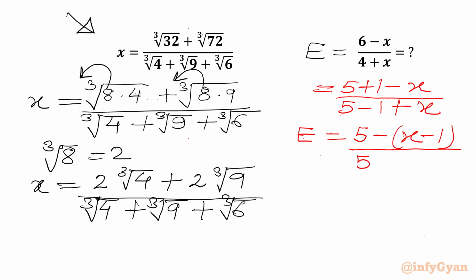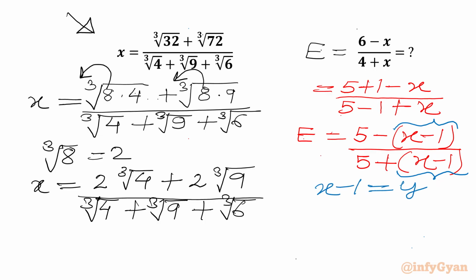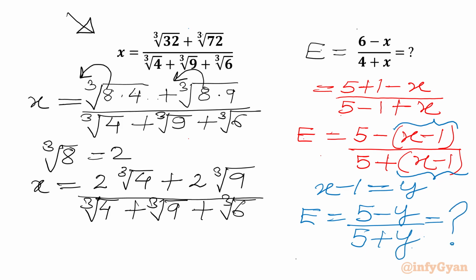Denominator we can write 5 plus (x minus 1). Now we have x minus 1 in the numerator and in the denominator, so I will consider x minus 1 equal to y. So our required expression will become (5 minus y) over (5 plus y). This is what we are going to find out.